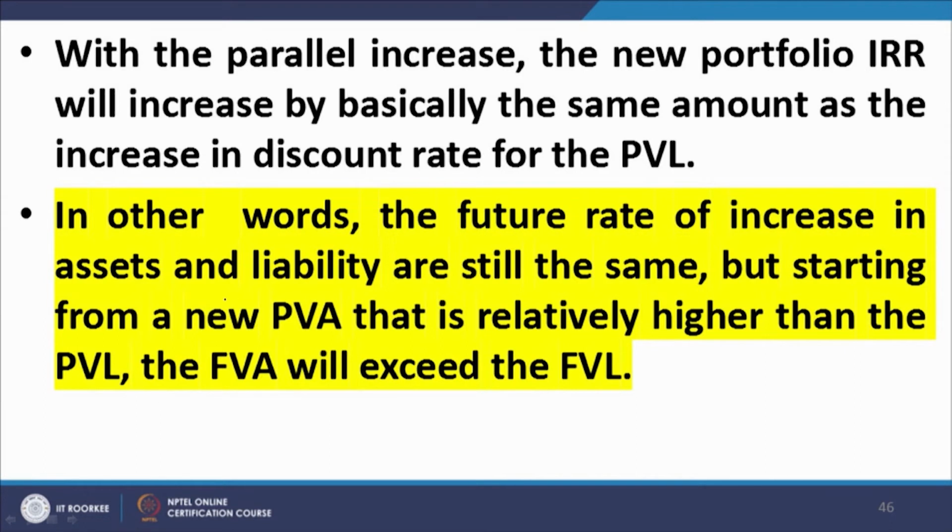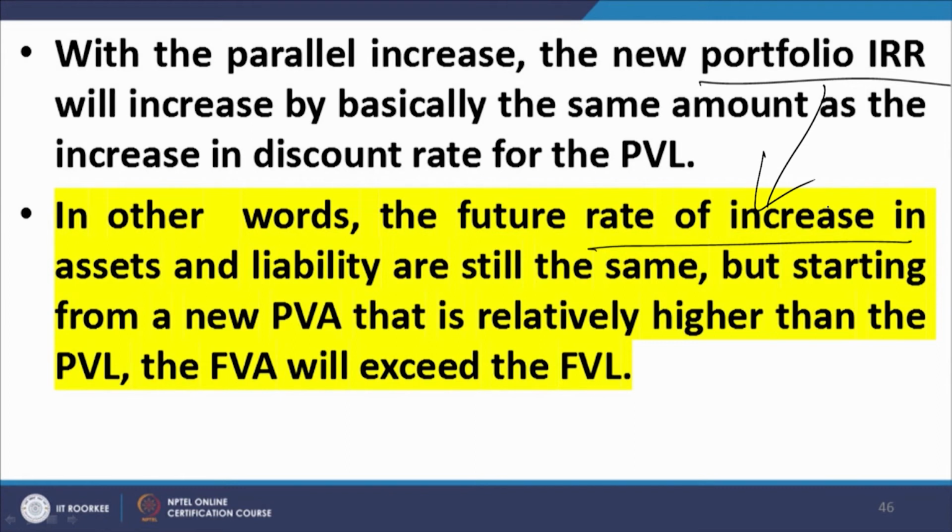Because this rate of increase is simply the portfolio IRR. But starting from a new present value of assets, which is relatively higher than the present value of liabilities, the future value of assets will exceed the future value of liability.